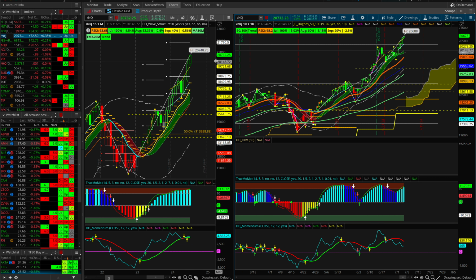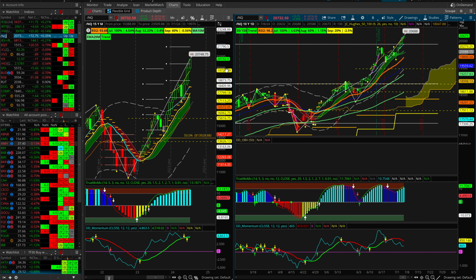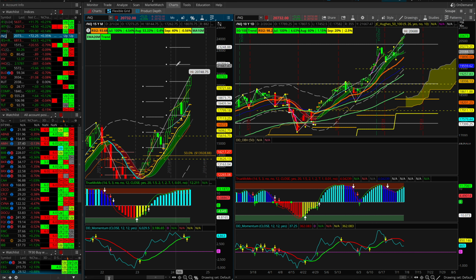The Nasdaq's the one that really continues to take off. The Nasdaq today was up 50 points, or 0.28%. And we're at the third target. Let's go back to the Dow.